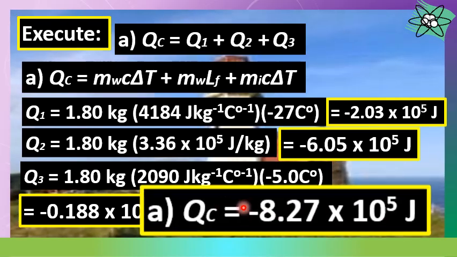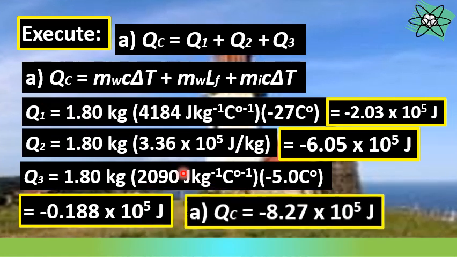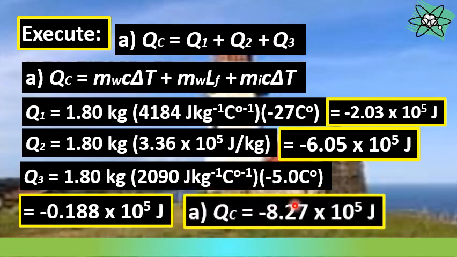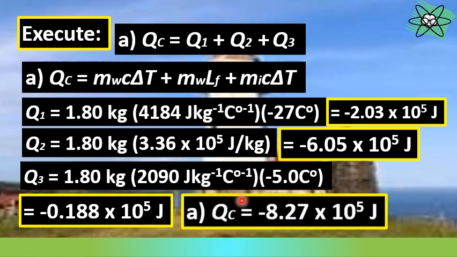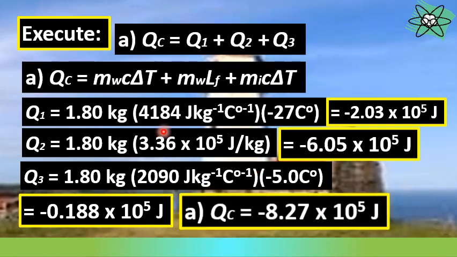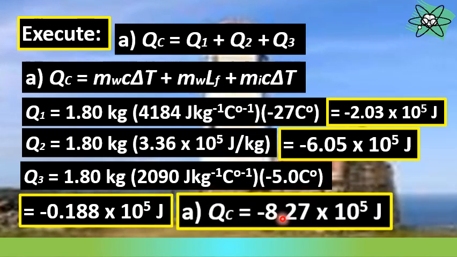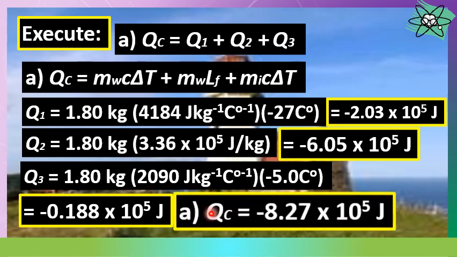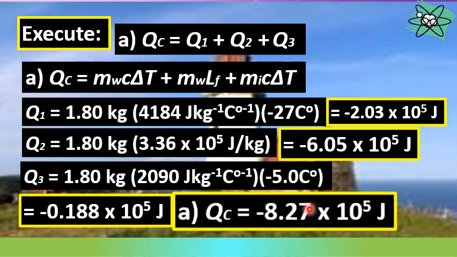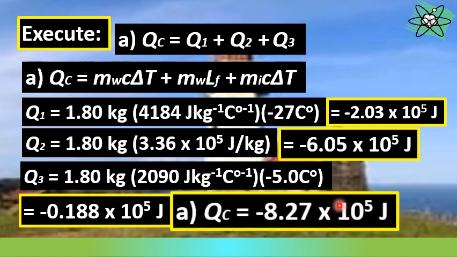The whole process of converting liquid water starting from 27 degrees Celsius to ice at negative 5.0 degrees Celsius took a time of 1 hour. So within 1 hour, the freezer is able to convert the liquid water into ice.